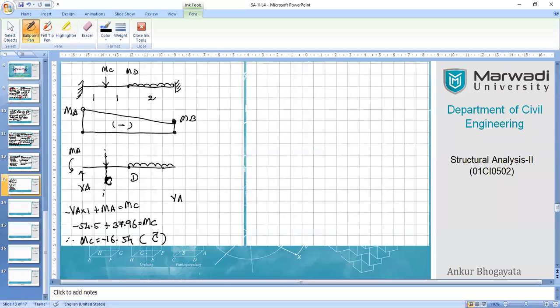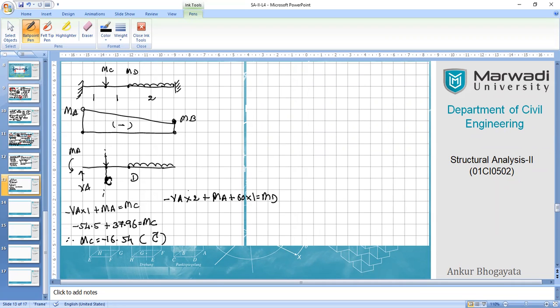VA again into 2, because now it is at this point. And we have MA as usual, and again plus 60 into 1 equals MD here. So let me calculate it.